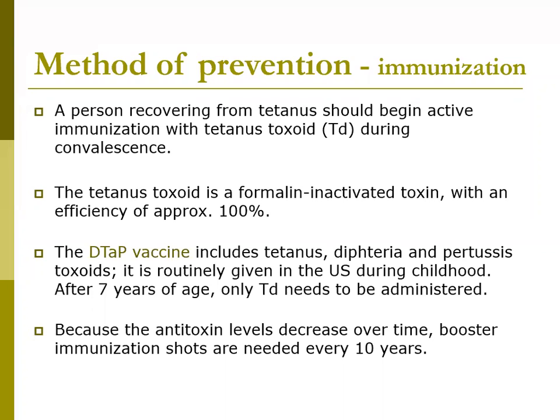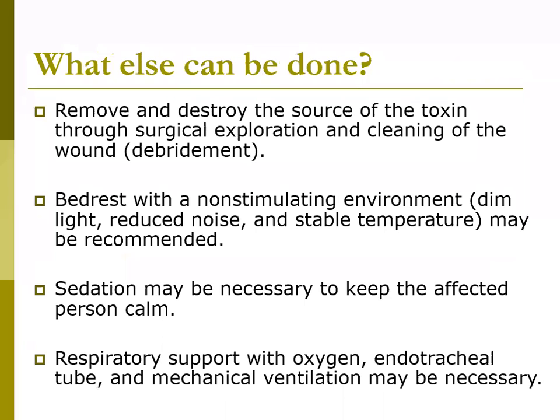It is routinely given, especially in developed countries. But even in Pakistan, we also administer this kind of vaccine to kids or children. After 7 years of age, only the tetanus toxoid needs to be administered because the antitoxin levels decrease over time. So booster immunization shots are needed every 10 years.